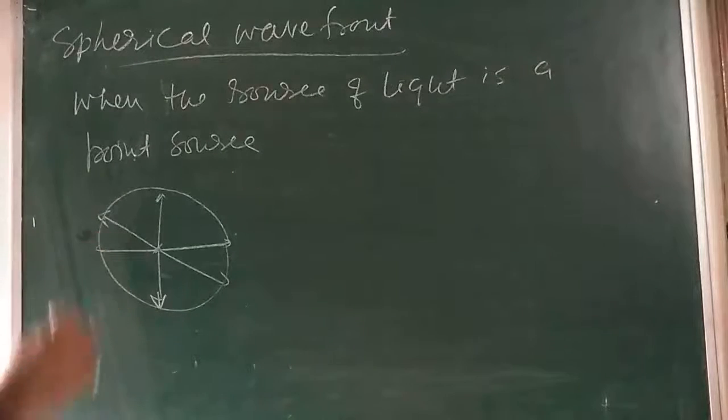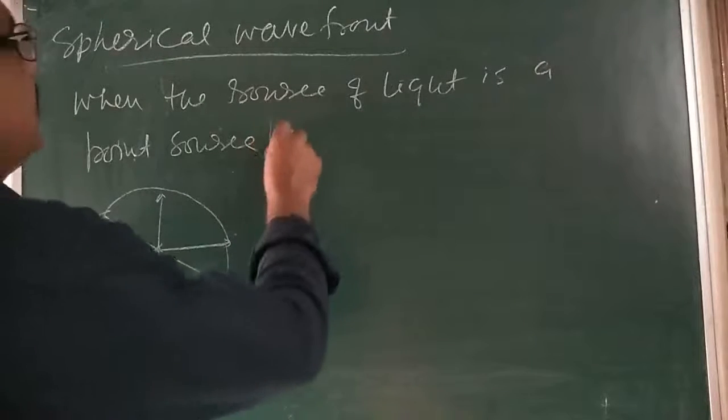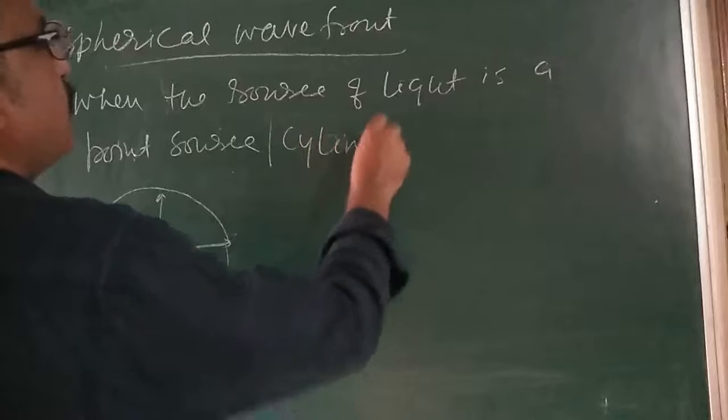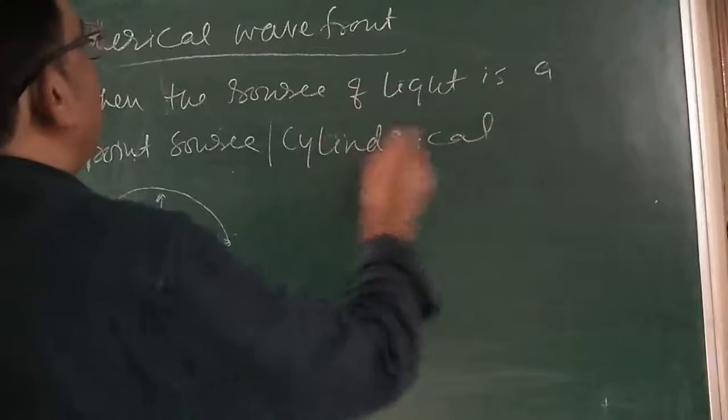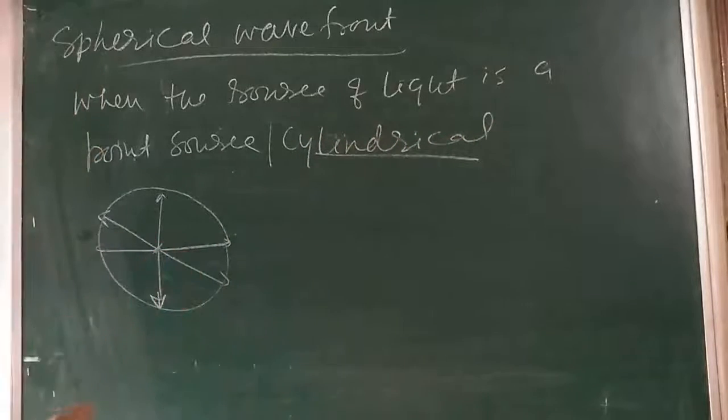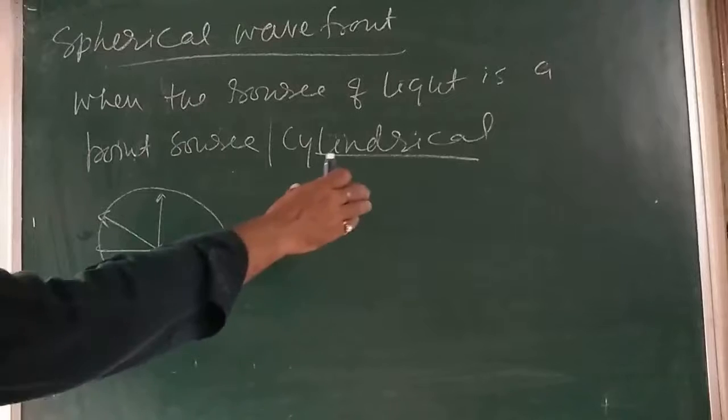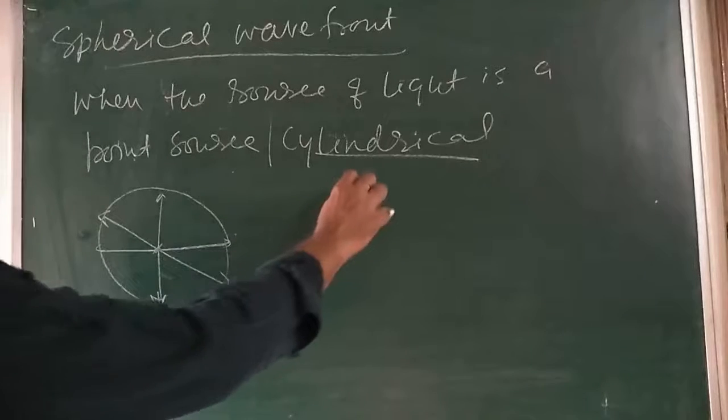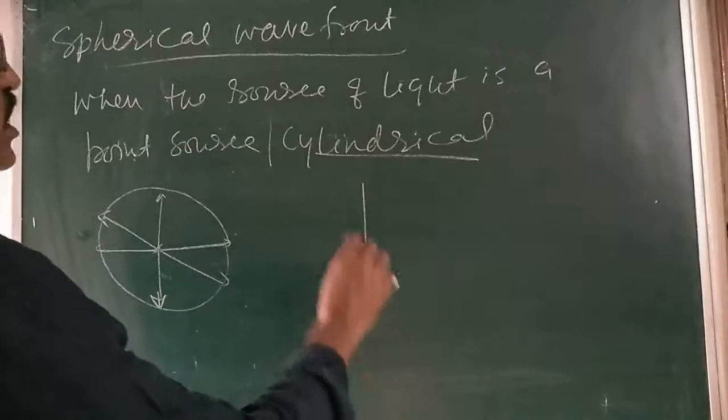The other kind of wavefront is the cylindrical wavefront. Here it is a spherical wavefront. Now in a cylindrical wavefront, the source of light is a linear source.